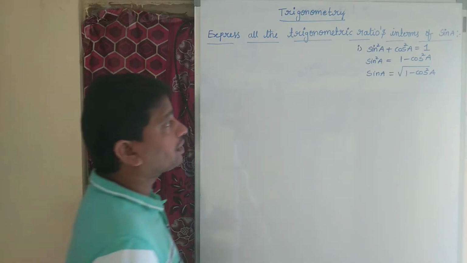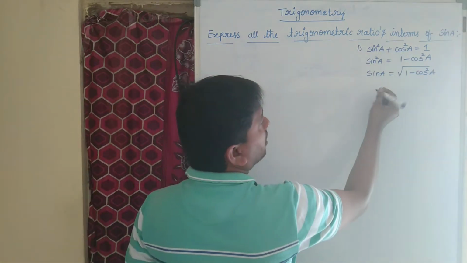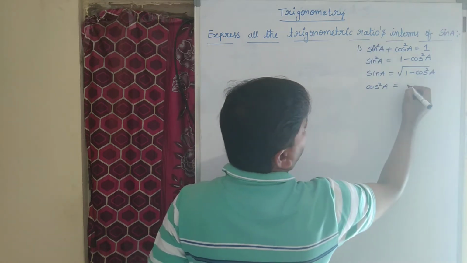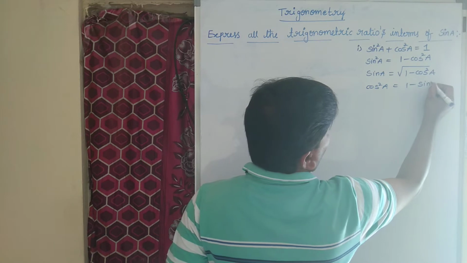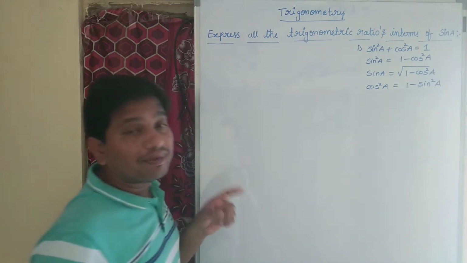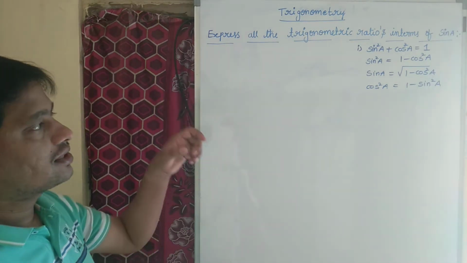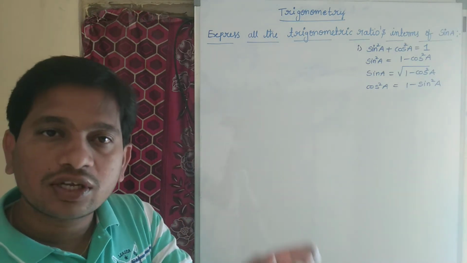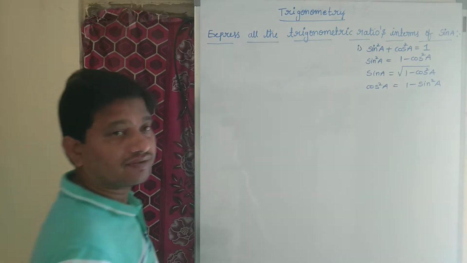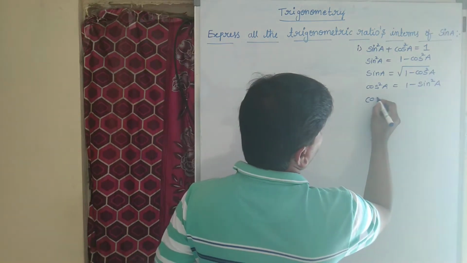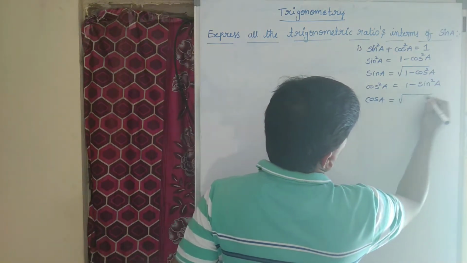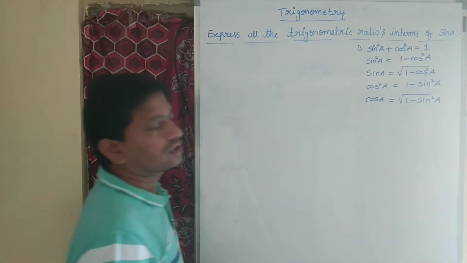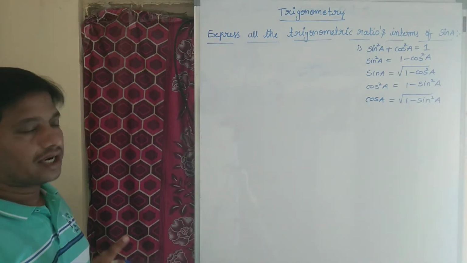Now coming to the second thing, if you want cos square A, what do you do? Plus sin square A you transpose. It will become 1 minus sin square A, right? Sin square A is nothing but 1 minus cos square A, whereas cos square A is nothing but 1 minus sin square A. So square you transpose, it will become root over 1 minus sin square A. Okay, this is our first identity.